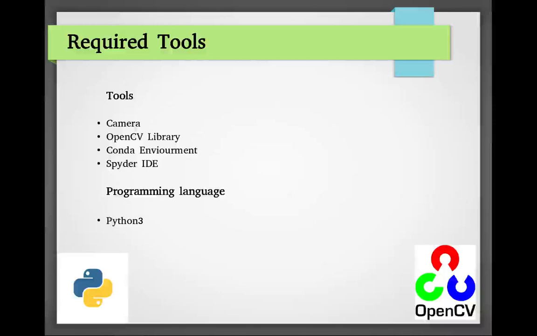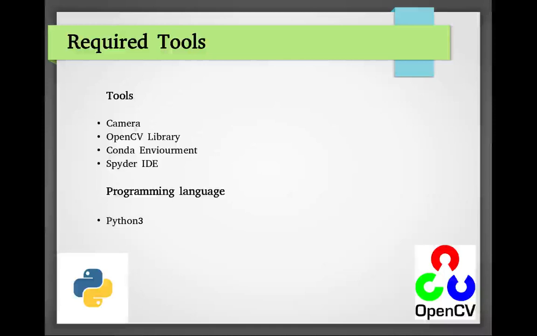For education purposes, OpenCV is widely used, and also in the development of robotics and computer vision projects. And I have used the Conda package manager for managing the different Python packages, and the Spyder IDE, which I used for the Python program development.